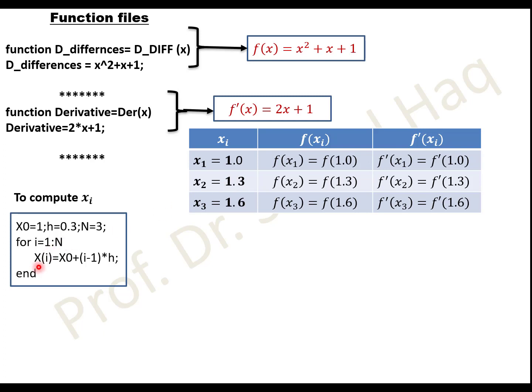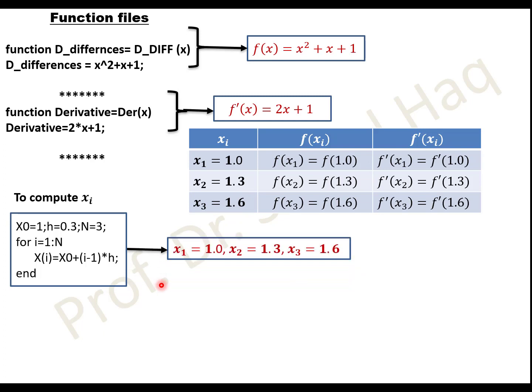I is equal to 3, x3 is equal to x naught plus 2 into h, which is 1.6. This is the value which you will be getting from this loop. So this small loop generates these data points for you. If you are increasing the value of n, these data points will be increasing accordingly. I have just taken a small example so that the thing becomes clear to you.